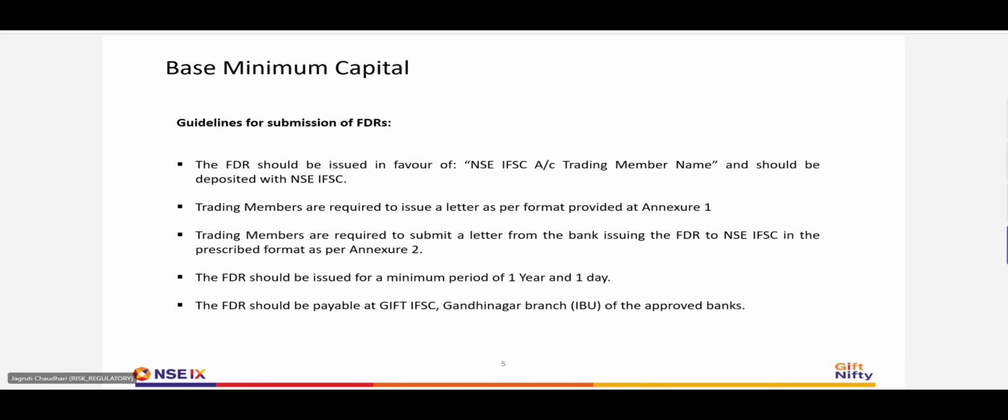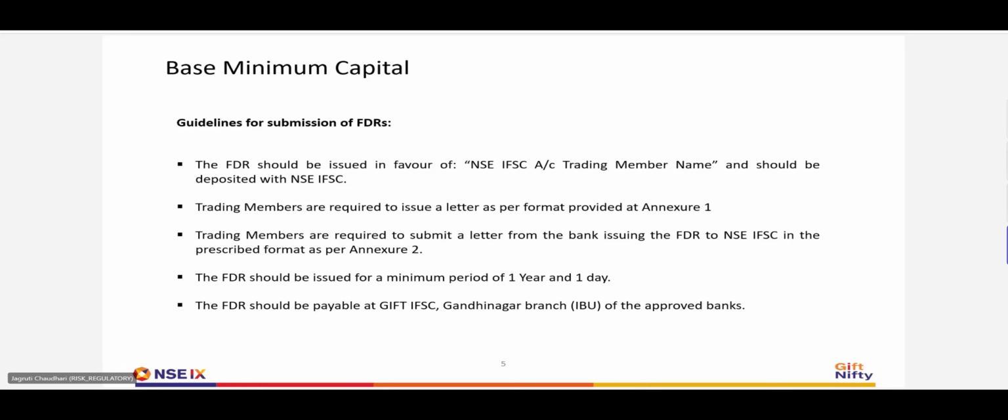Now there are strict instructions coming from the IFSCA also, that members need to have a presence in the IFSCA, so there is a member letter which needs to be furnished along with FDRs. A lot of members send member letters that have to come in physical form.